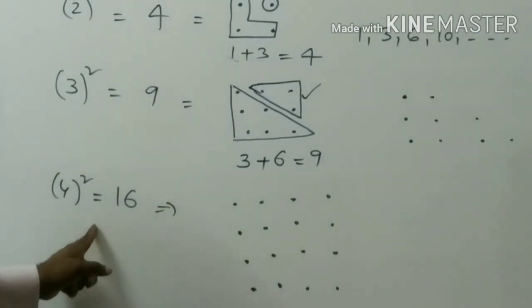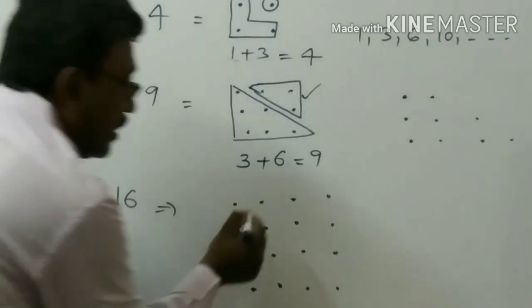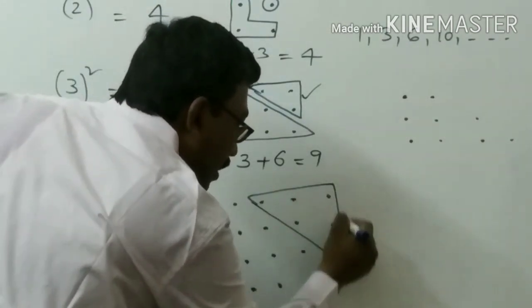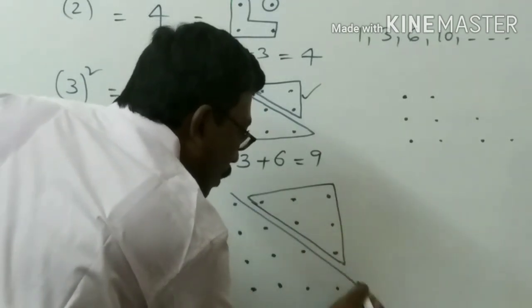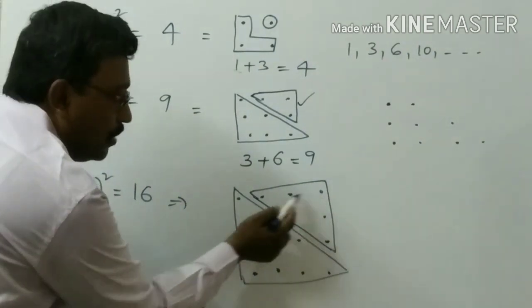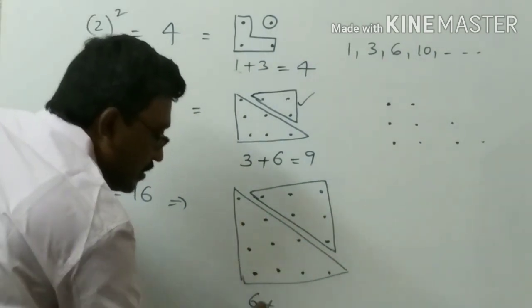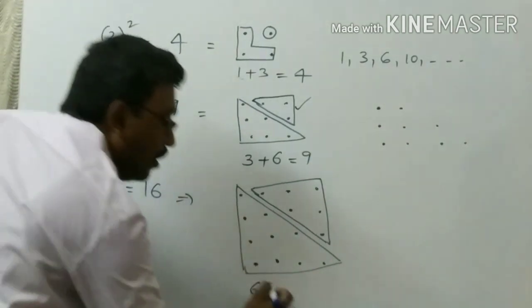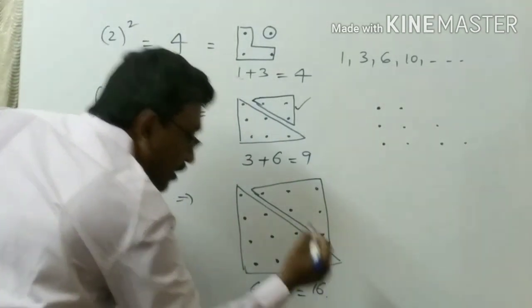As per this, now the triangular numbers I am giving again. I am converting this figure into the sum of two triangular numbers. Here 1 plus 2 plus 3, 6. And here how many are there? 1 plus 2 plus 3 plus 4, that is 10, so 16.